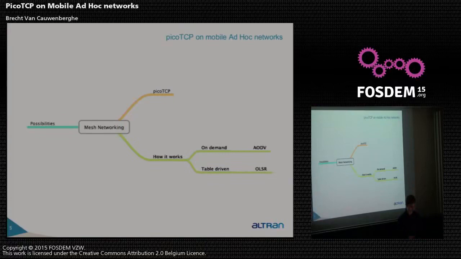And the on-demand, an example of that could be AODV, which is a protocol that is describing that, and it's really asking the routing information the moment it needs to send some data towards another route. In contrary, the table-driven one will construct the routing information on the go and sequentially without actually needing the data itself.